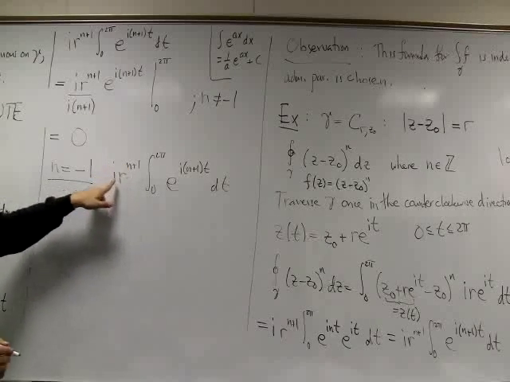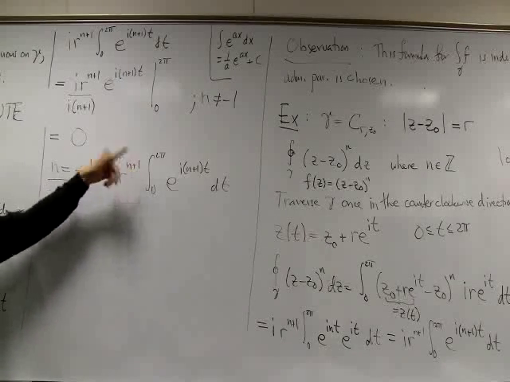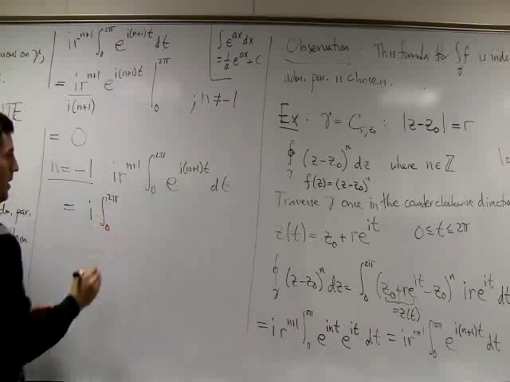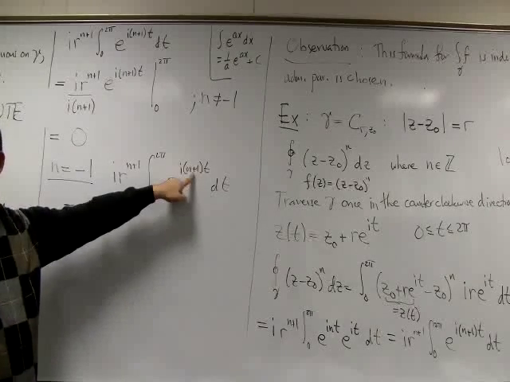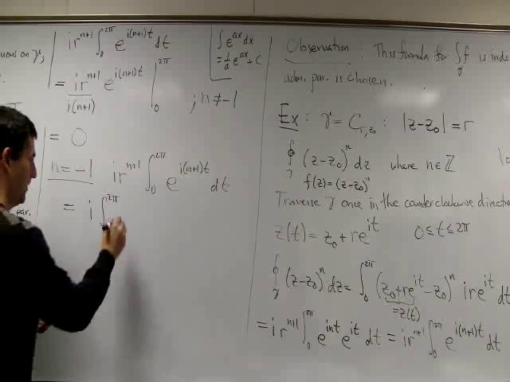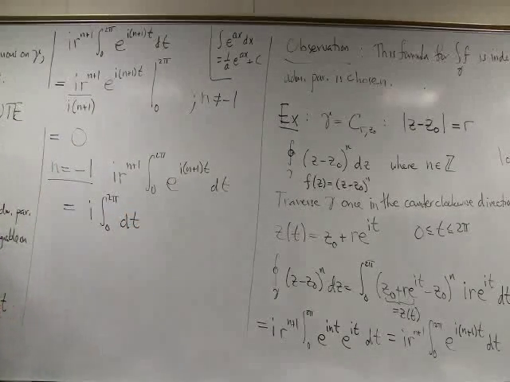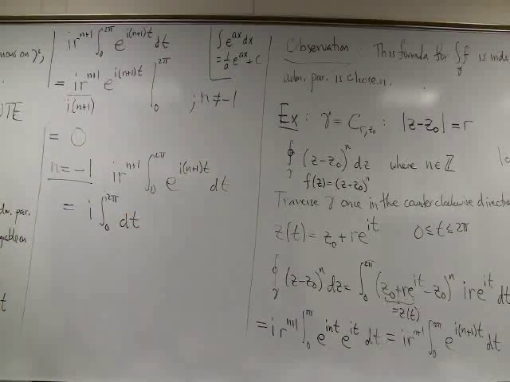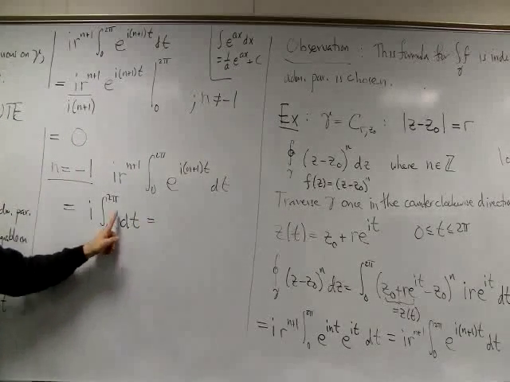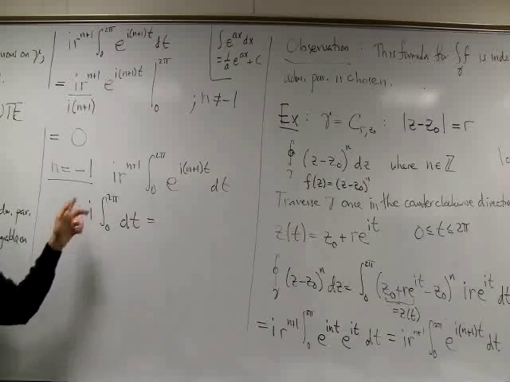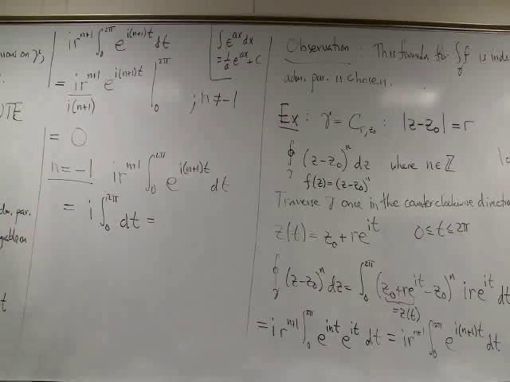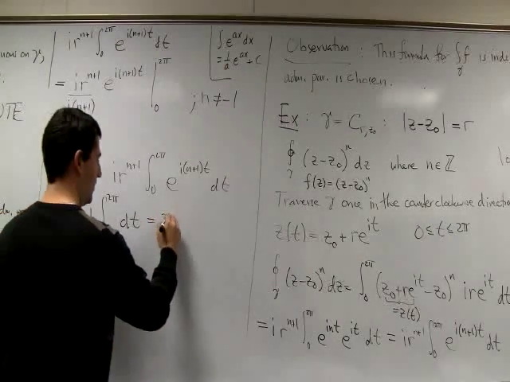So you just get i r to the 0, which is just i, integral 0 to 2 pi. n plus 1 is 0. So you get e to the 0, which is 1. So you're just integrating dt. That's not even the log function. It's just all gone. And we saw today what happens when you integrate just 1. It just gives you the length of the interval, right? It's just 2 pi minus 0, which is 2 pi. 2 pi times i. So 2 pi i.